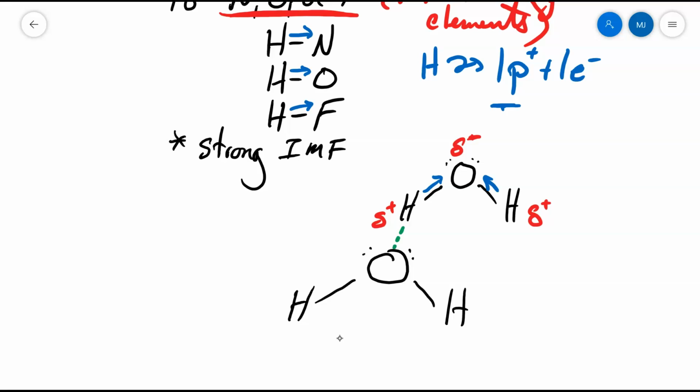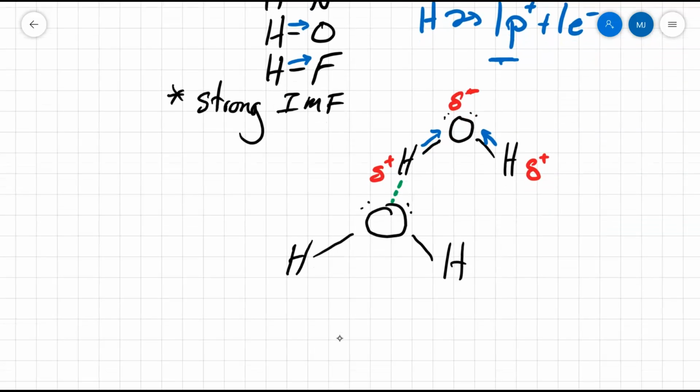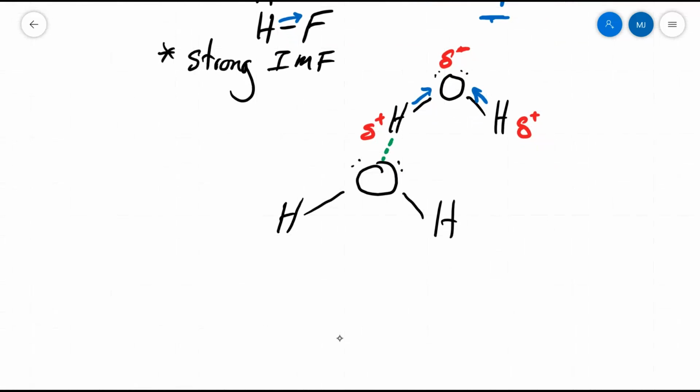So these bonds are unusually strong. In fact, if you were to use the periodic table to predict the boiling point of water, you would predict that the boiling point of water would be something close to, say, minus 75, minus 80 degrees, that ballpark. Well, we know that's not true.